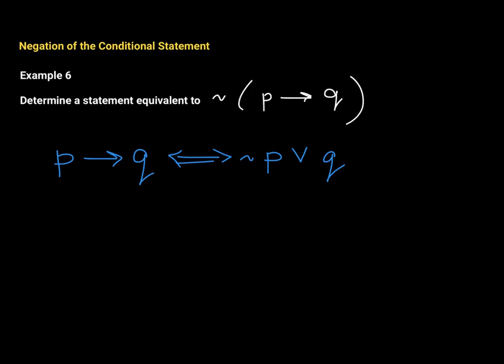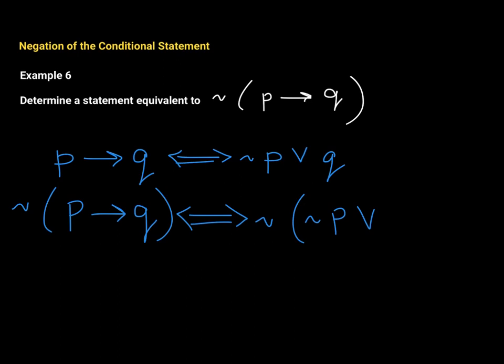The next thing I want us to do is negate both sides. Negate this statement, negate this statement. So let's do that. When I negate this statement, I need to use parentheses because I'm negating the entire statement. But if I negate that side and I negate this side, then I still have this equivalence here, so I still have that equivalent symbol.